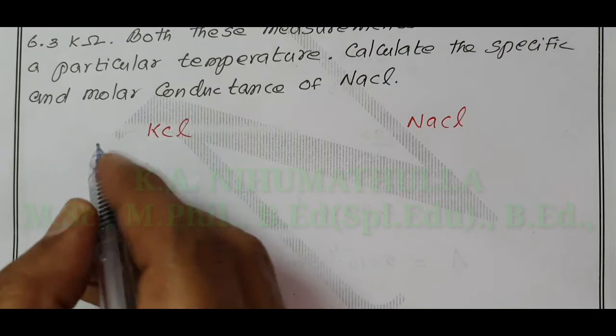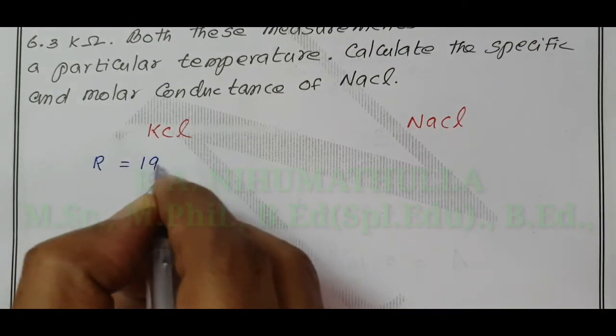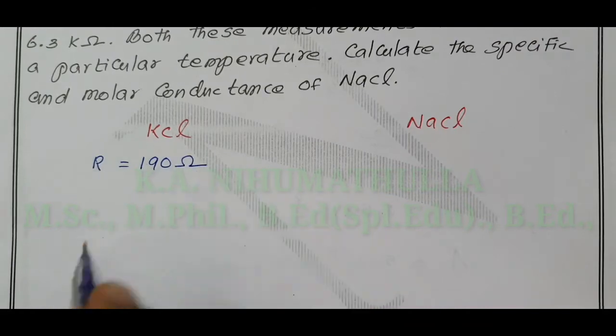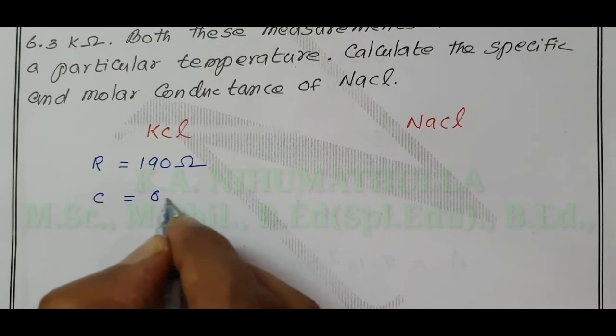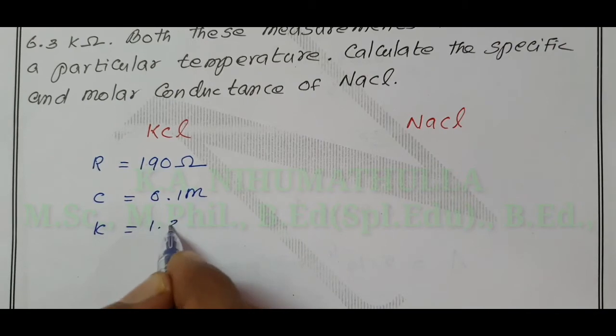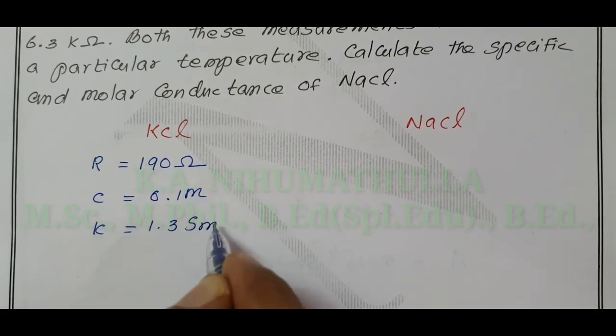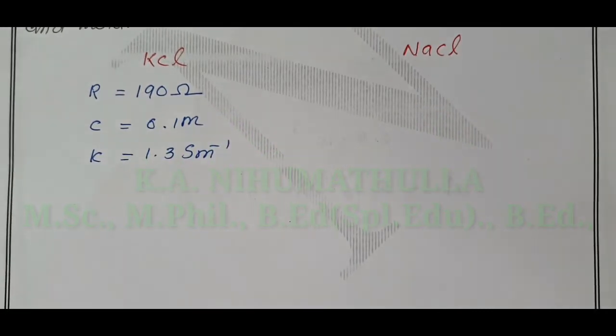The resistance R is given equal to 190 ohm. The concentration of potassium chloride is 0.1 molar. Specific conductance kappa equal to 1.3 Siemens meter power minus 1. These values are given for the potassium chloride solution.